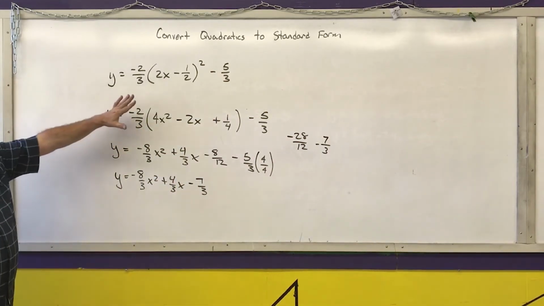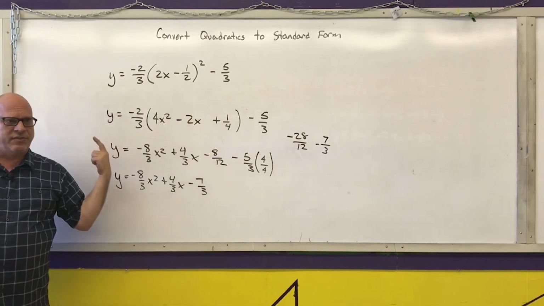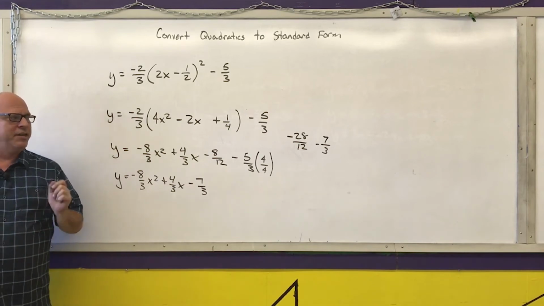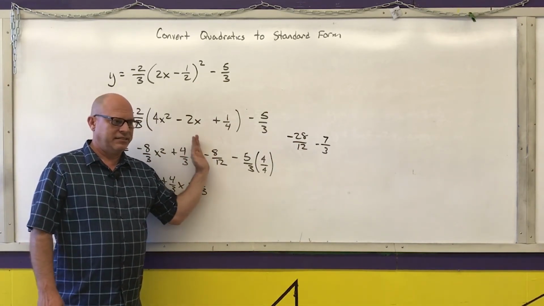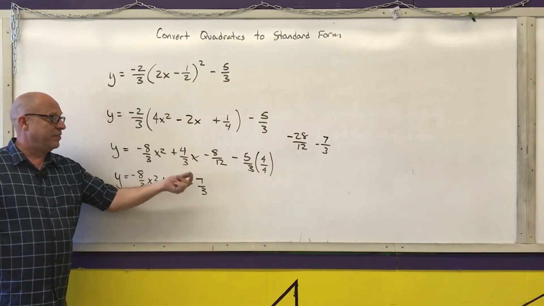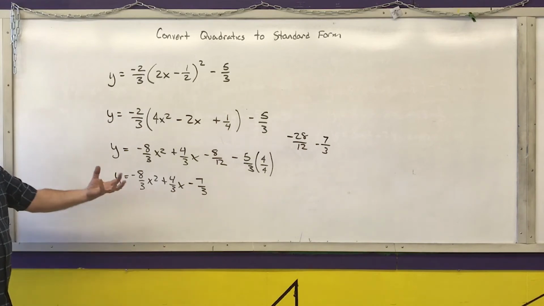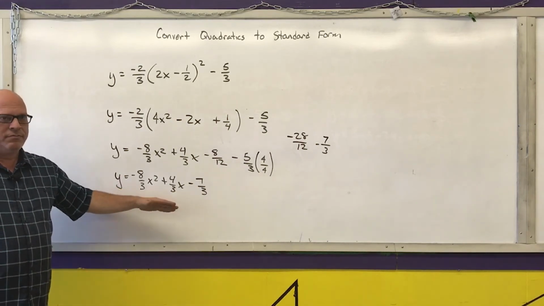I purposely picked this one messy with fractions just to make sure that you realize even when it has fractions, I still must follow the order of operations. The only point where I needed the common denominator was with the constant terms, because I'm not going to combine these and write everything over 3. I guess I could pull the 1/3 out, but I want it in this form.